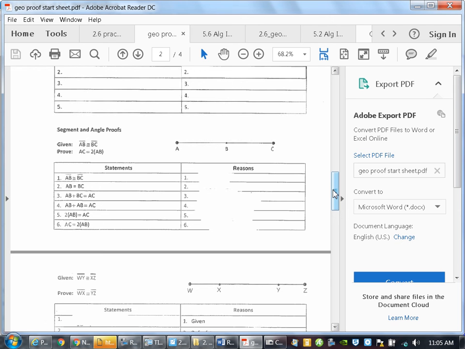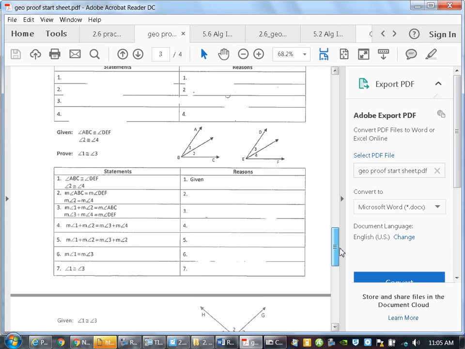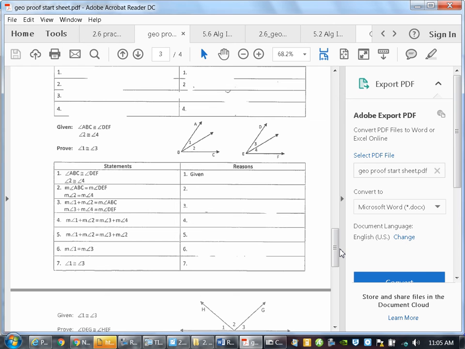I totally forgot to number these, so that's my fault. And on page 3, there's an angle proof at the bottom of the page. I want you to do those 3 fill in the blank proofs. You have 3 of them: the bottom of page 1, bottom of page 2, and the bottom of page 3.